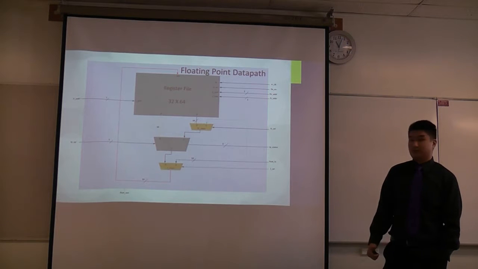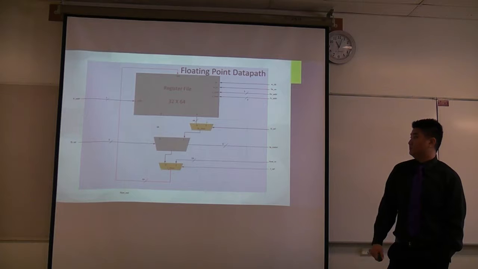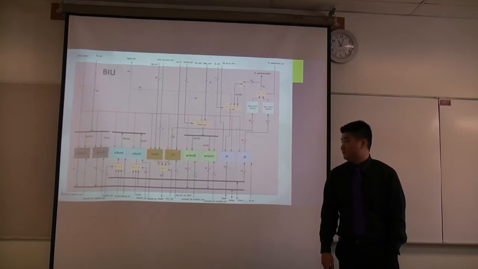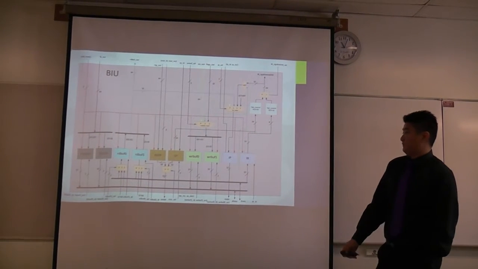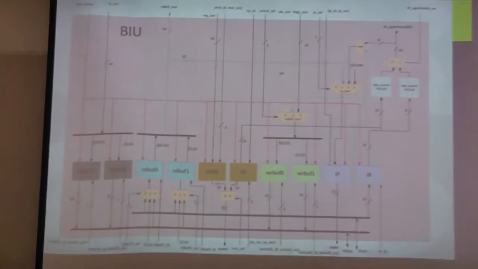The floating point data path is very similar to the integer data path. And here's the bus interface unit, which has the floating point buff registers, the rebuff, the memory address register, stack pointer, write buff, instruction pointer, and instruction registers.